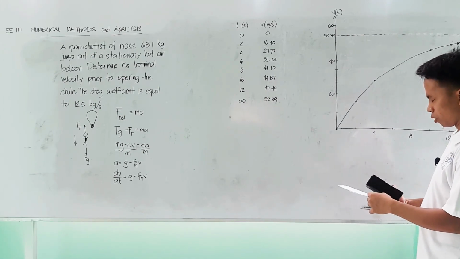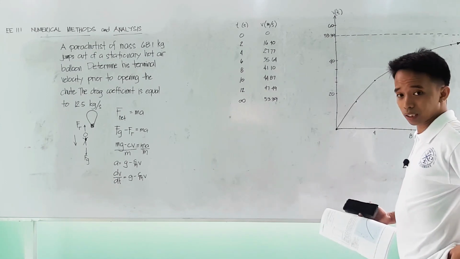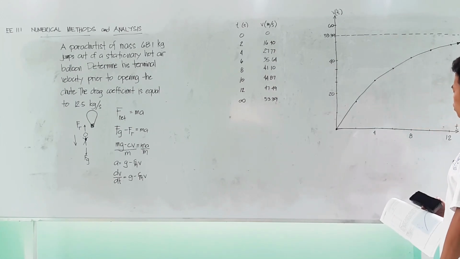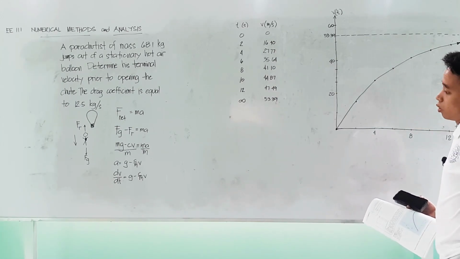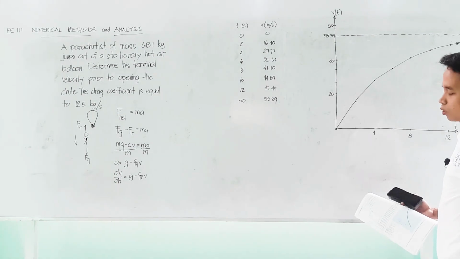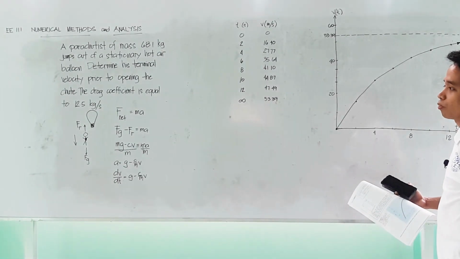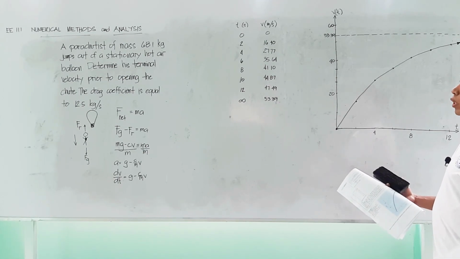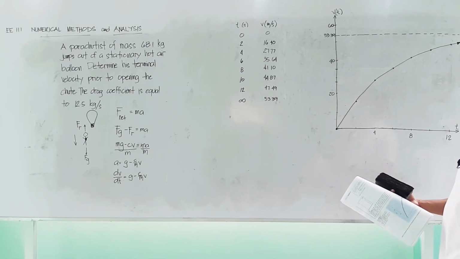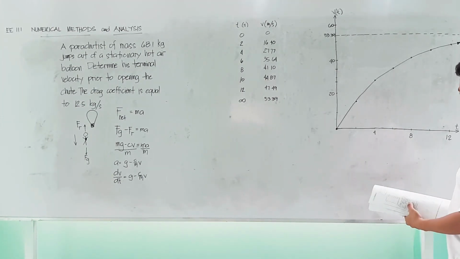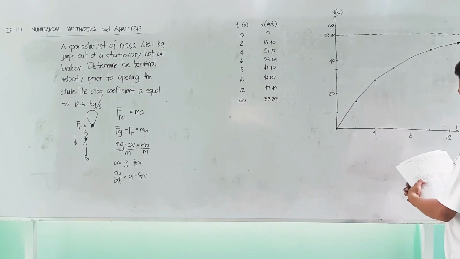As we remember in our calculus class, the derivative of our function is actually the slope of our function. If you take the derivative of our function at that point, then that is equal to the slope of our function at that point. So that would mean, let's say we'll have this one.